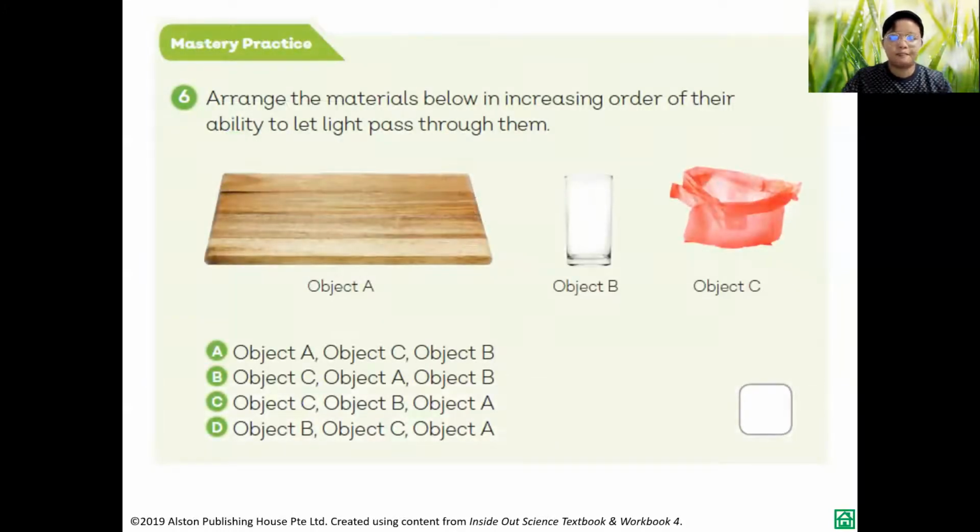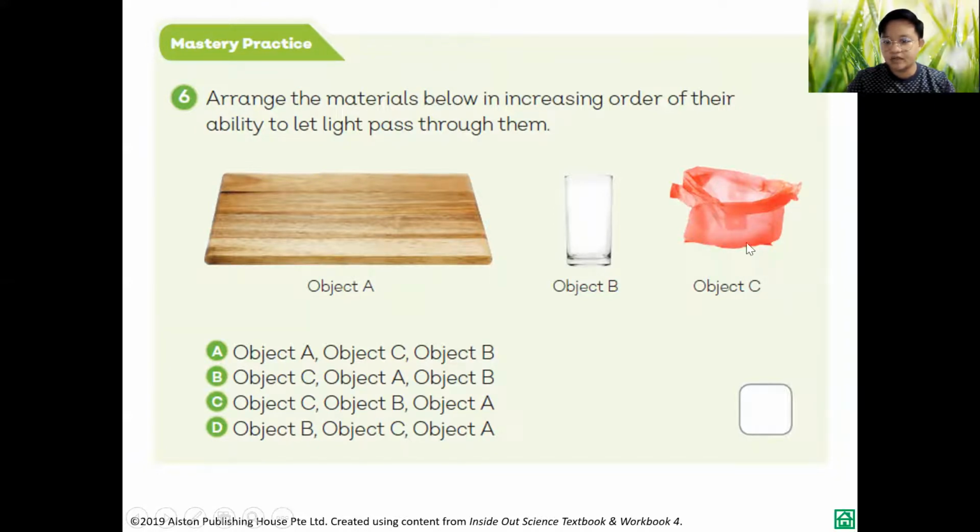Number 6, arrange the materials below in increasing order of their ability to let light pass through them. So which one here allows light to pass through them the most? So first, I think is letter B, followed by letter C. This letter C is an example of a translucent object.